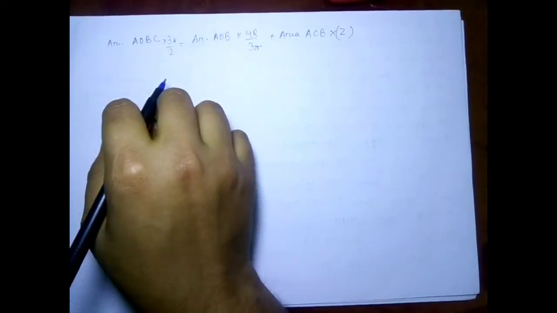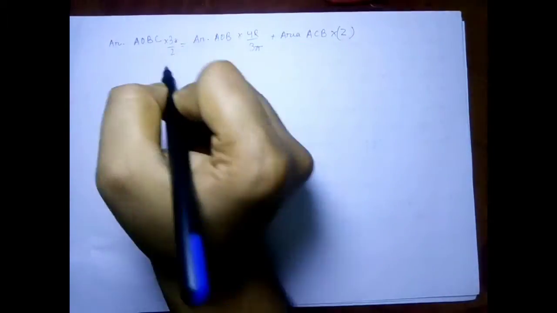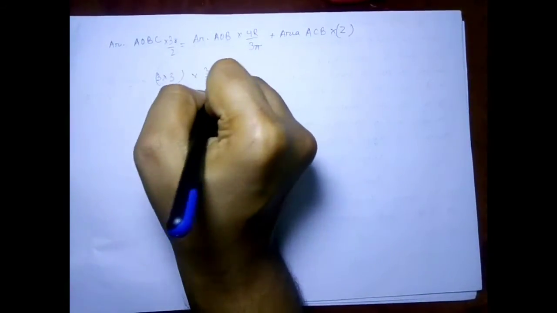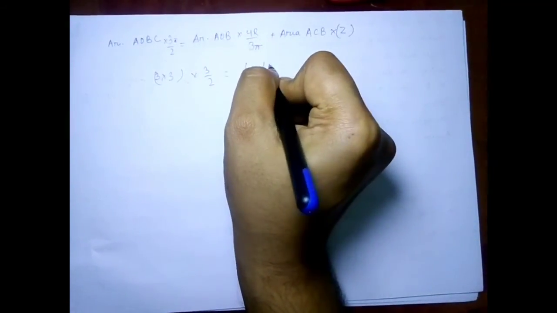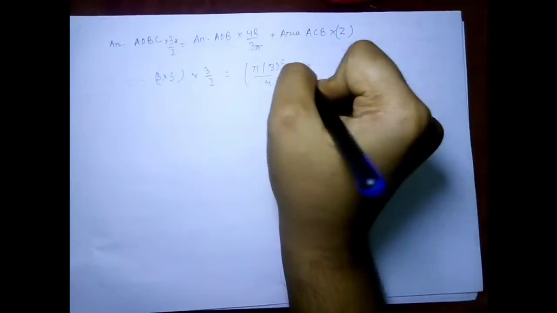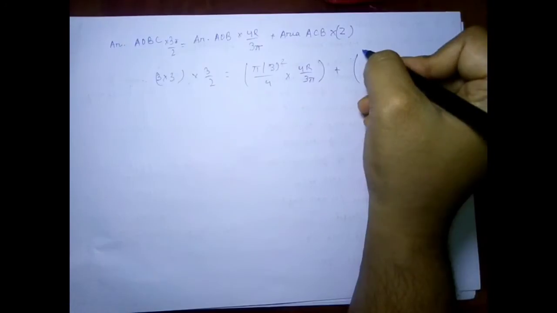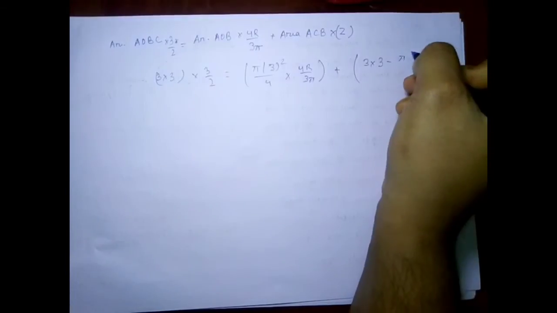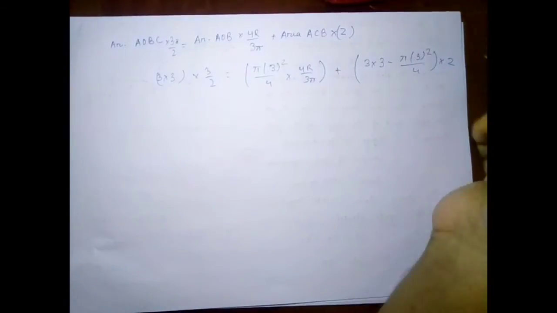Now after this we will have area of AOBC will be nothing but 3 cos 3 times 3 by 2, which is equal to area of AOB, that is pi 3 square upon 4 multiplied by 4r upon 3 pi, plus the area of ACB, which will be 3 cos 3 minus pi 3 square upon 4 times z.